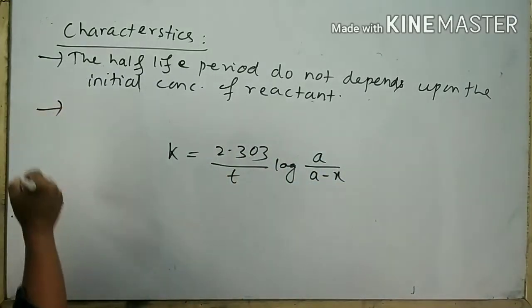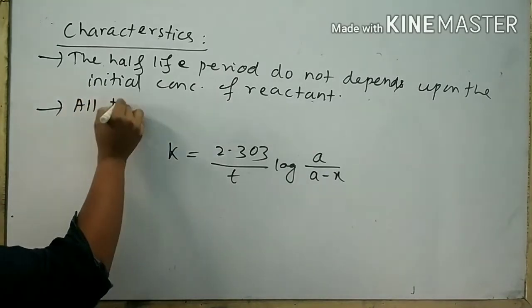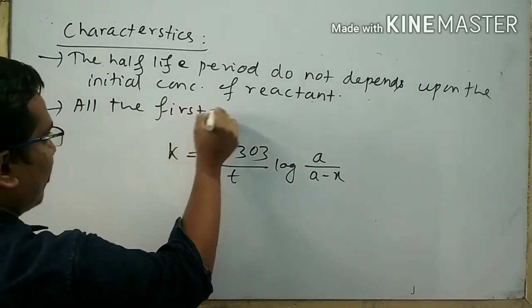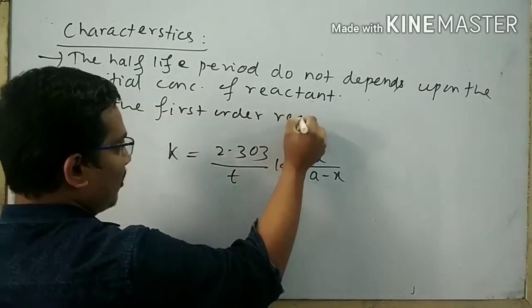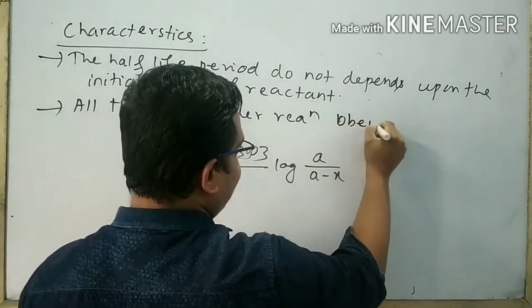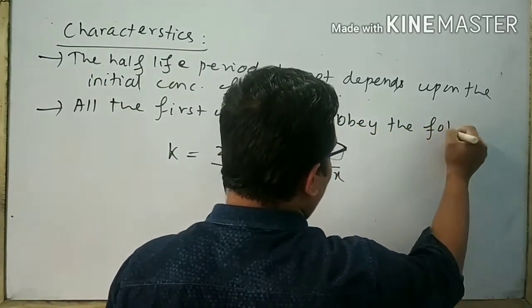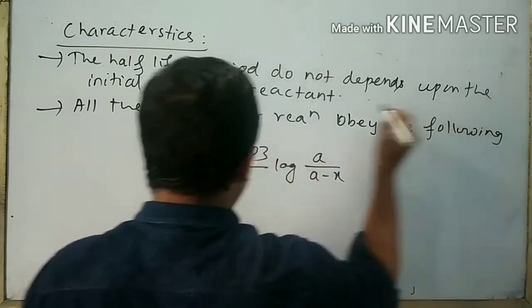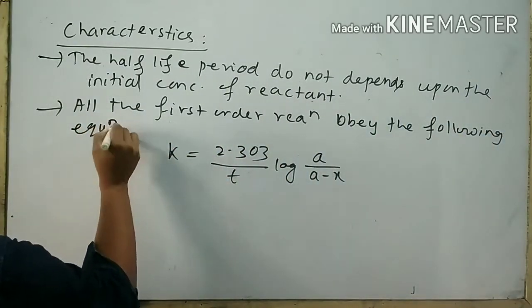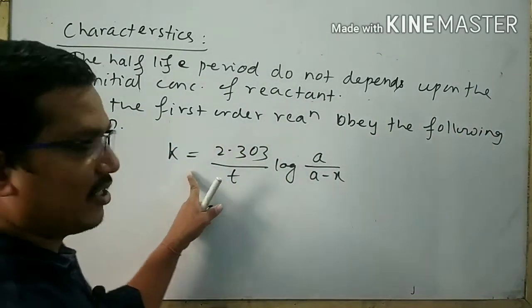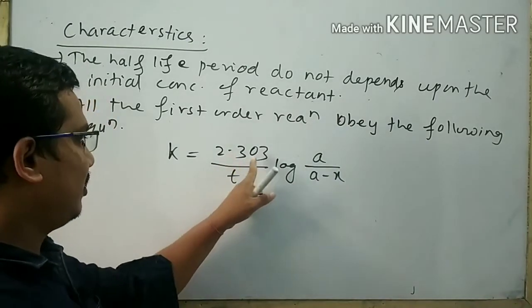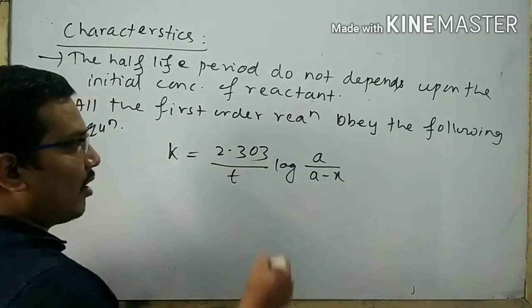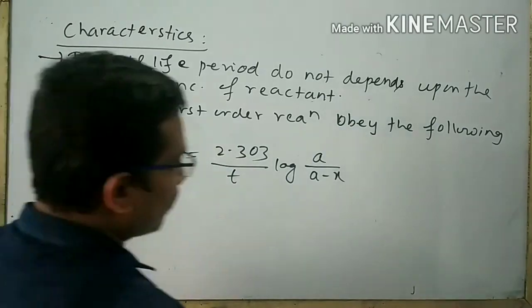So we can write the second point, all the first order reactions obey the following equation. That means k is equal to 2.303 divided by t log of A by A minus x.